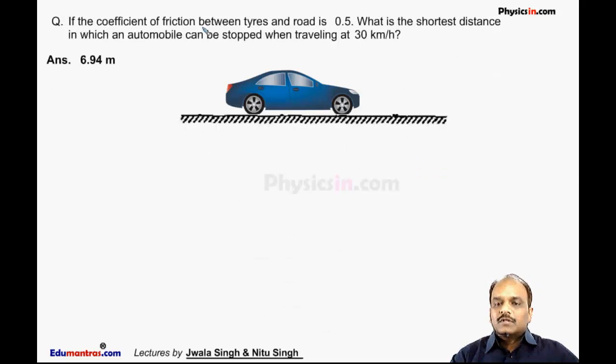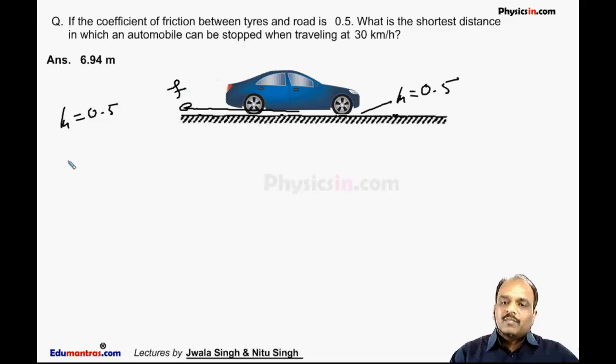Now the coefficient of friction between the tire and the road is 0.5. What is the shortest distance in which the automobile can stop when traveling with this speed? For this automobile, the maximum retardation is with mu 0.5. The friction force is responsible for stopping this car, and the maximum friction force is mu times normal reaction.